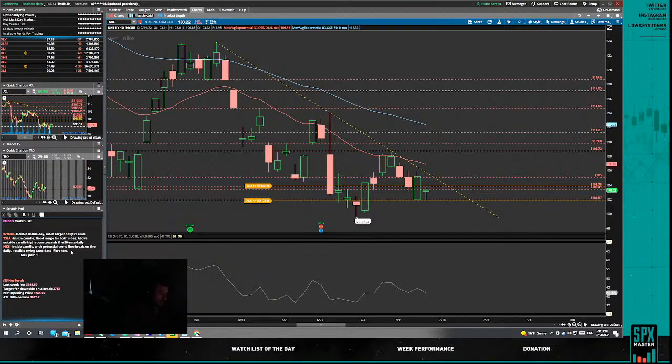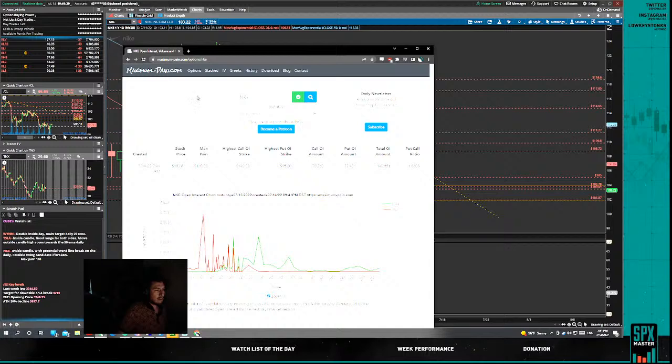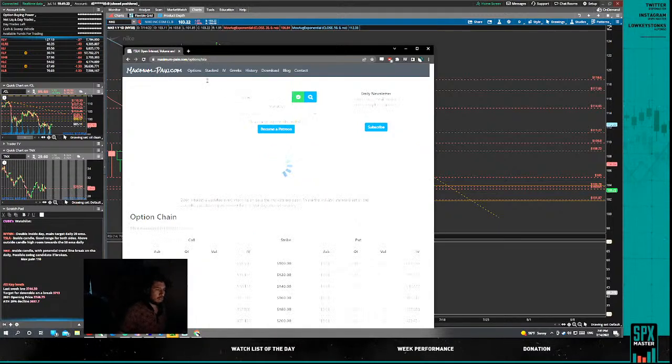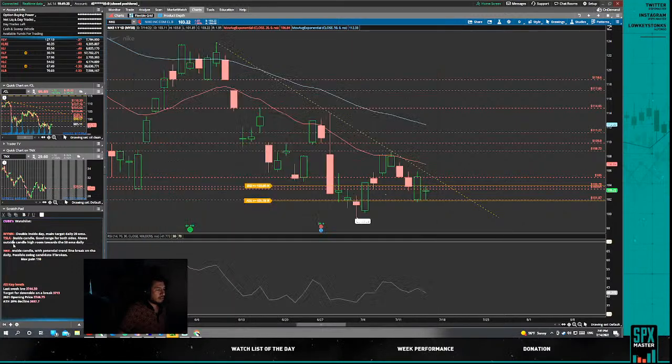Max pain at 110. We're gonna put our max pain on Tesla. Just have to be aware, since it's OPEX, right, where could Tesla close at? Max pain 715.